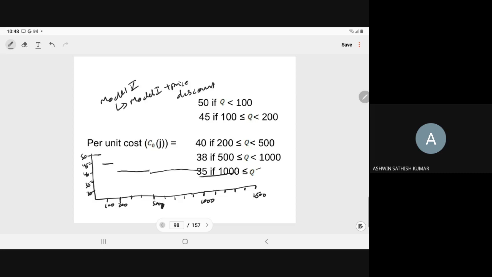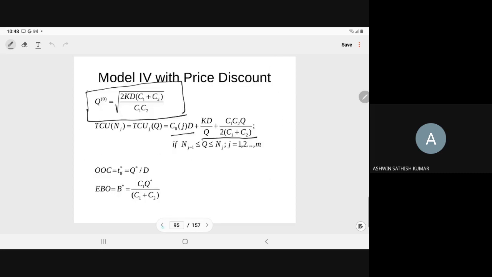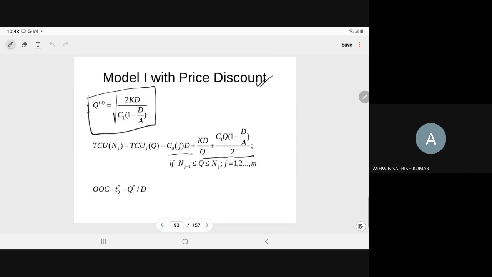For model first, we have seen the formula. Q naught is root of 2KD upon C1 into 1 minus D upon A, and TCU is C naught into D plus KD upon Q plus C1 Q into 1 minus D upon A upon 2.